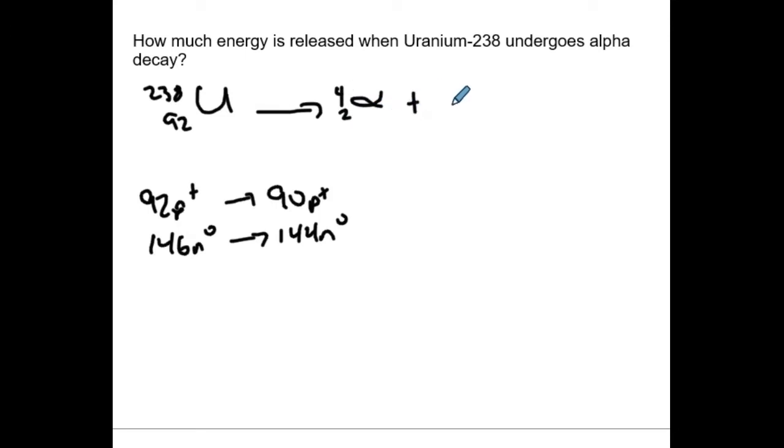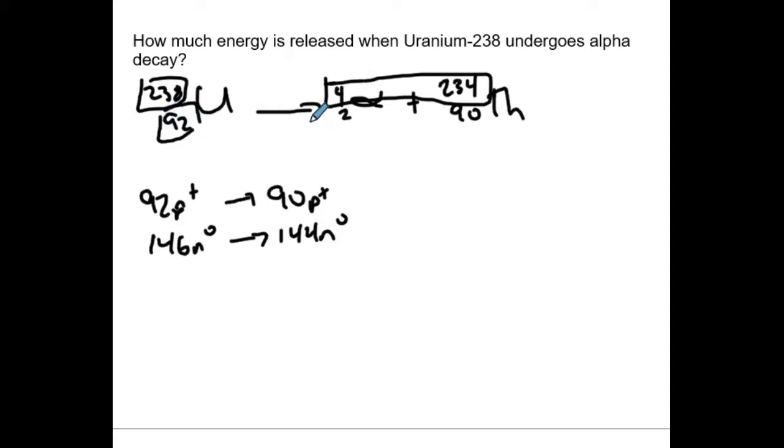And then the daughter nucleus is going to be whoever number 90 is. Looking at the periodic table, number 90 is thorium. And if I re-add 90 and 144, I get 234, which hopefully makes sense, because 238 should equal 4 plus 234, and 92 should equal 2 plus 90.